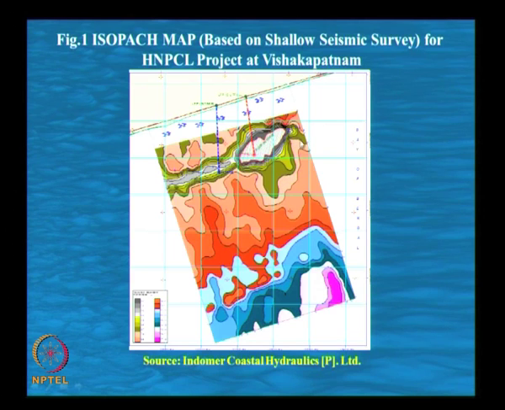These lines when they join, it is not very clear from the figure, but when you do a shallow seismic survey it should be understood along with the bathymetric survey. So you know the seabed, and below the seabed what is the distance where we have the hard strata, it can be rock, it can be some other material.